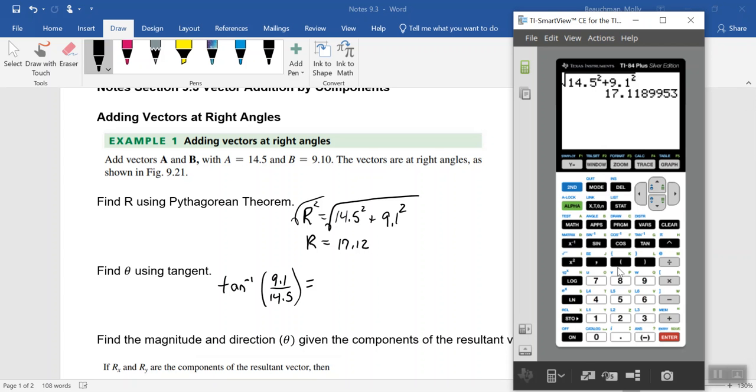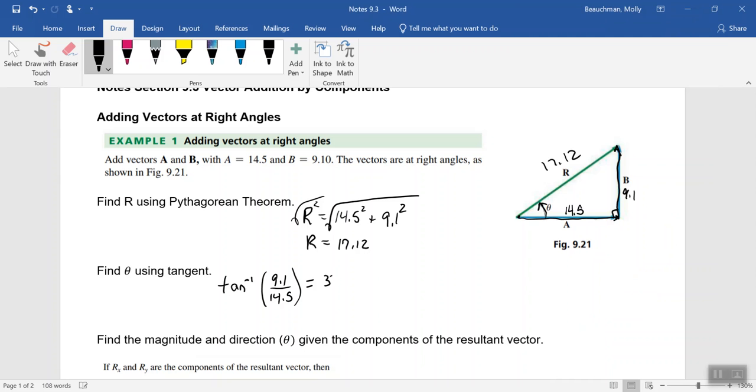So it's right triangle trigonometry to find those. And we end up with about 32.1 degrees. So if you're given the magnitudes of each vector, you can find the magnitude of the resultant, and you can also find the angle.